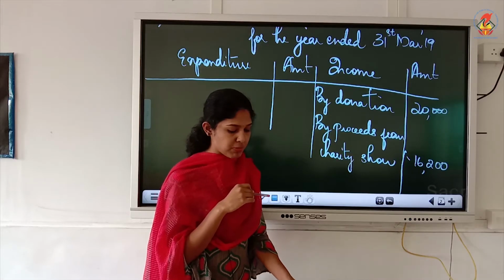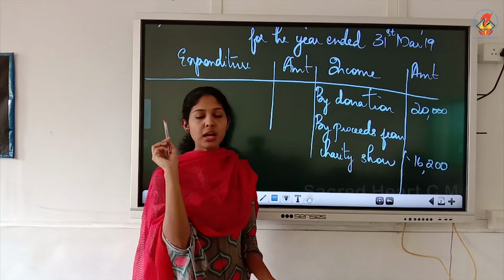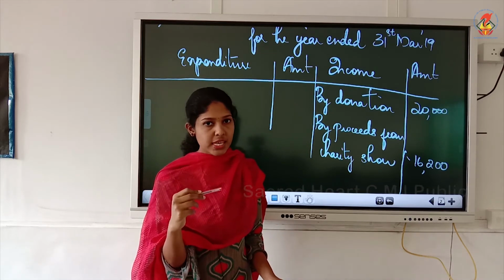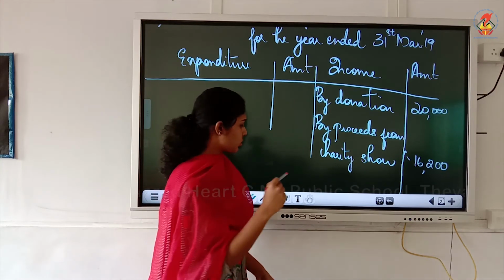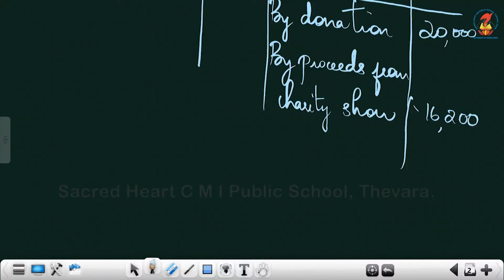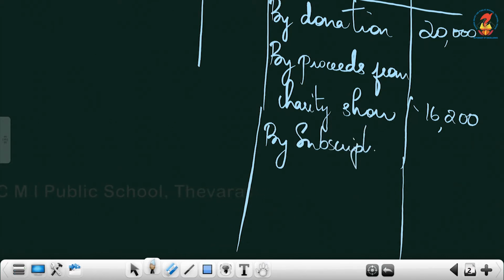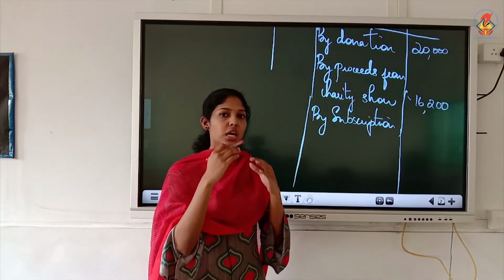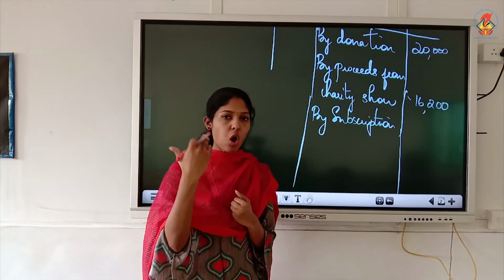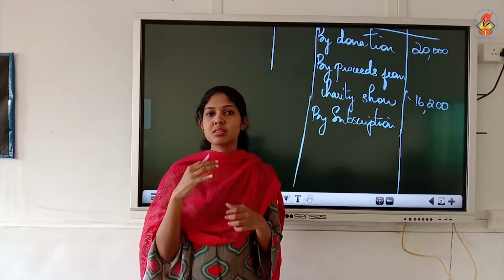Then they have written subscription. Did you see? And you must remember, since we have put a tick mark against subscription, meaning you have to see the adjustments below. Okay, so subscription 52,000 we'll write first. That is the amount we received, isn't it? So you write by subscription. See, inside receipts and payments account, usually what they write on the receipt side will be the received item. Not usually, it is only the received item they are writing.